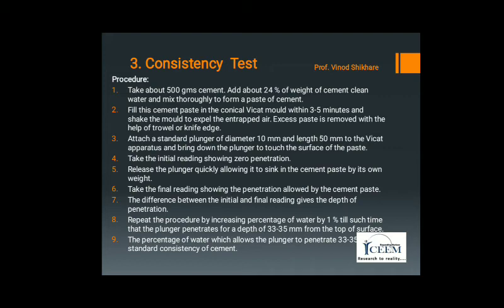For that, let W1 be the weight of cement taken for the test and W2 the weight of water to be added for desired penetration. Percentage of water for normal consistency is P = W2 / W1 × 100%.